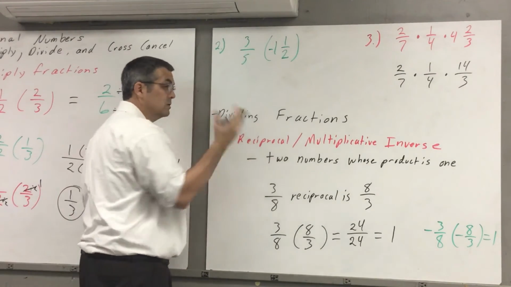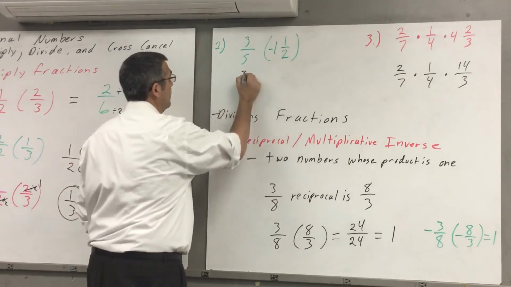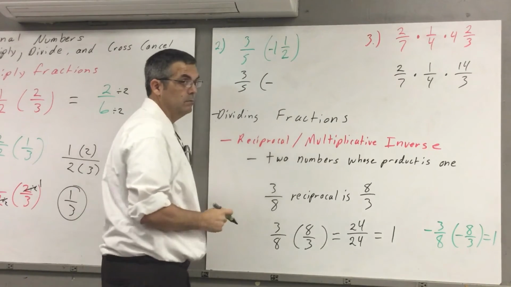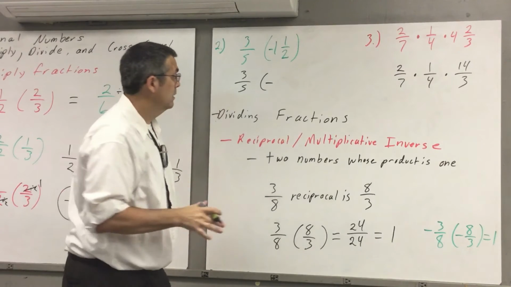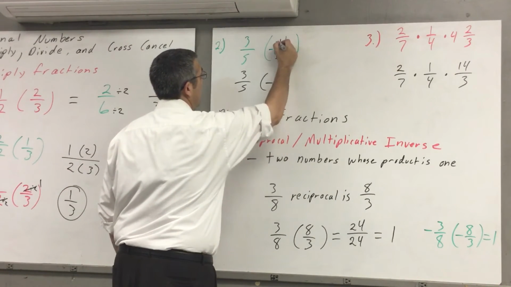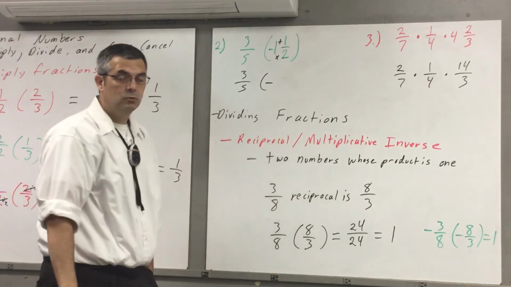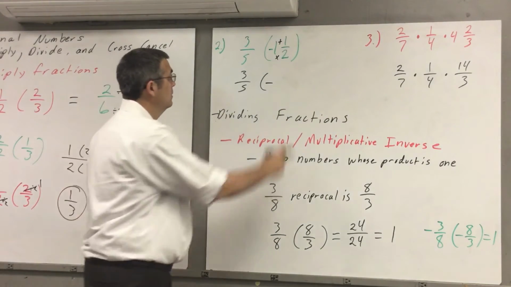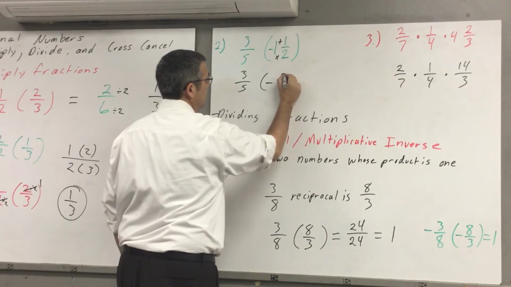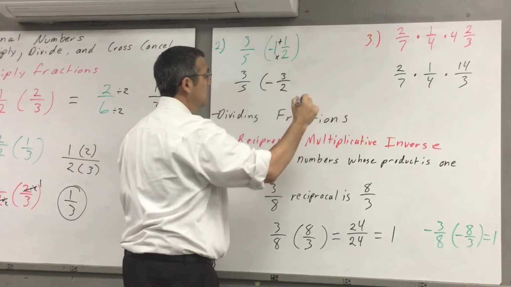So we're just gonna rewrite it. 3/5 times negative, it's still negative, right? And I'm gonna take this, multiply it times here, and then add it to this. So 2 times 1 is 2, plus 1 is 3. 3 over 2.